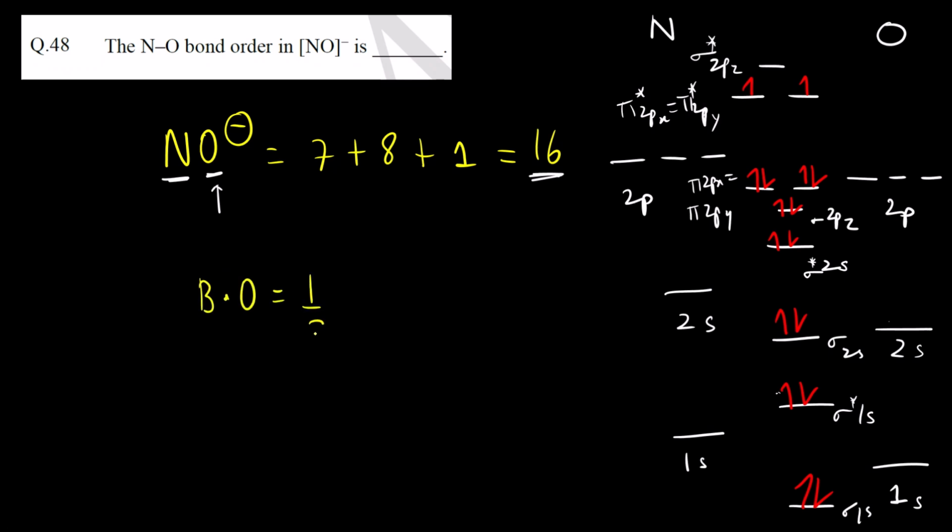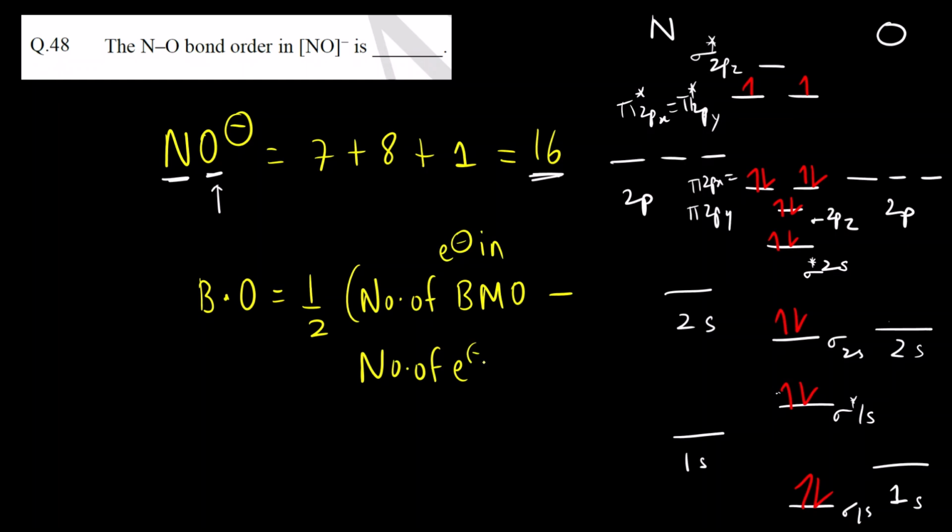Bond order is half into the number of electrons in the bonding molecular orbitals minus the number of electrons in the anti-bonding molecular orbitals. That will be half into bonding molecular orbitals.